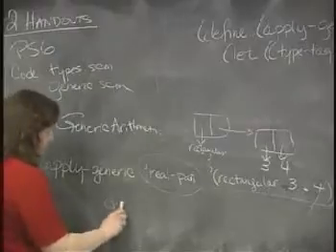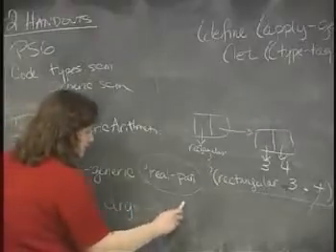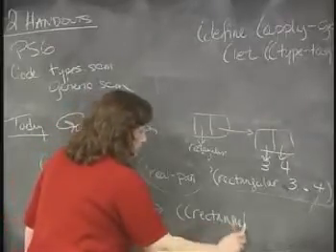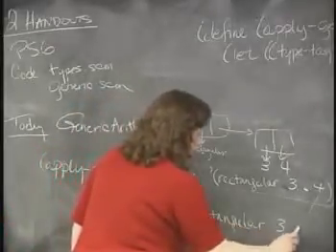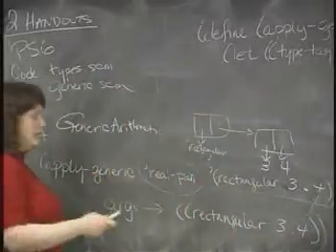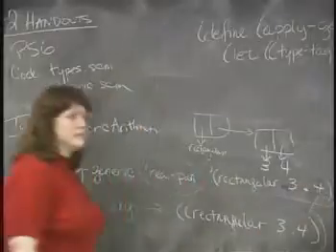So args is going to be rectangular 3.4. Okay, so it's a list of this list.